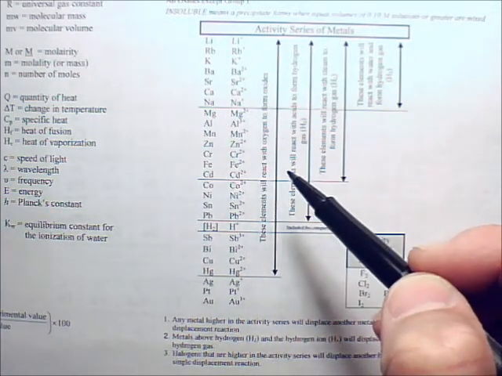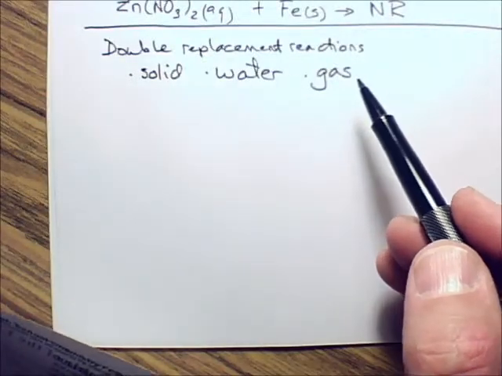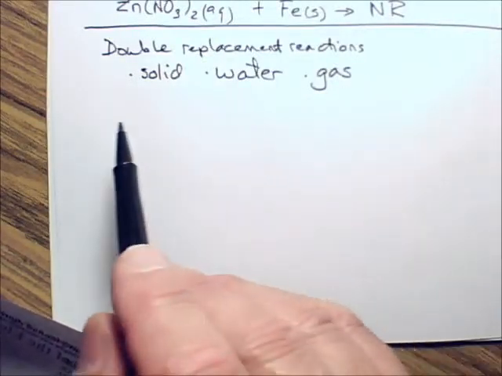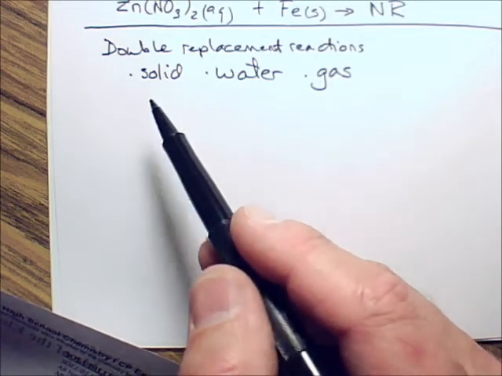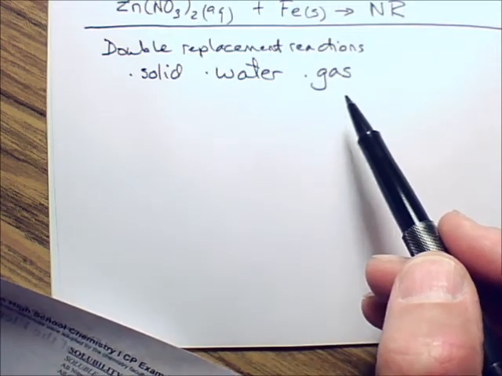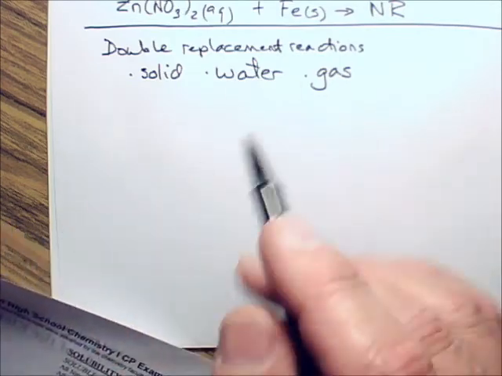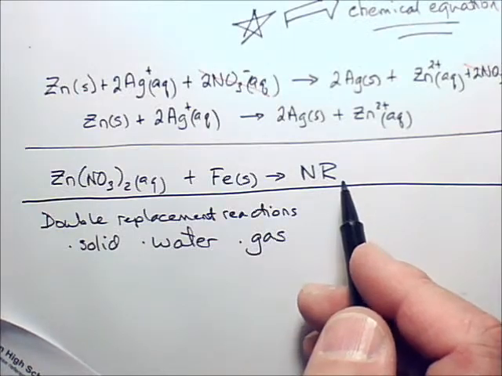If it is, it has a driving force. If it's not, it's not. For double replacement reactions, it's all about the products. What are you forming? If you're forming a solid, water, or a gas, then you've got a driving force. If you don't have a driving force, you've got no reaction. Okay?